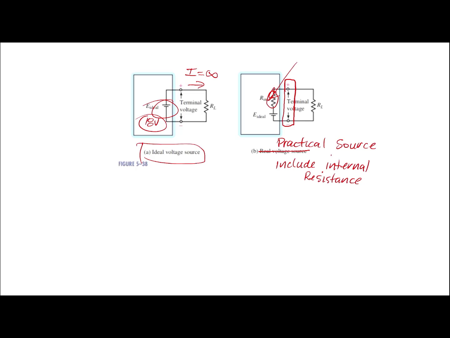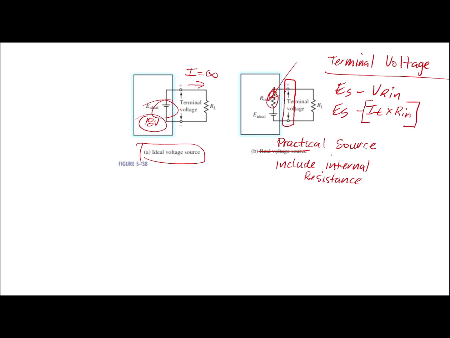Based on what you know about Kirchhoff's voltage law, which still applies here, it means that terminal voltage for a practical source will always equal E source minus V R internal. Put another way, E source minus I total times R internal, because that describes an IR drop for a voltage.